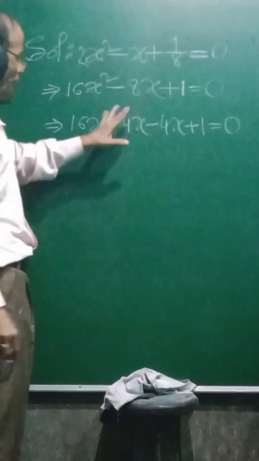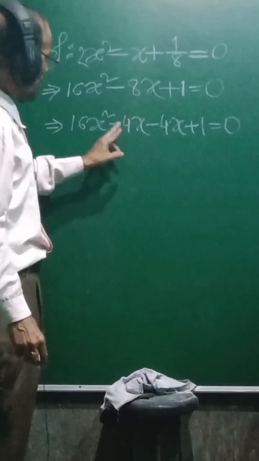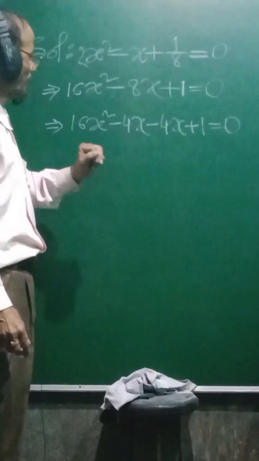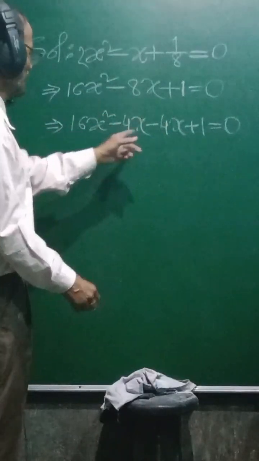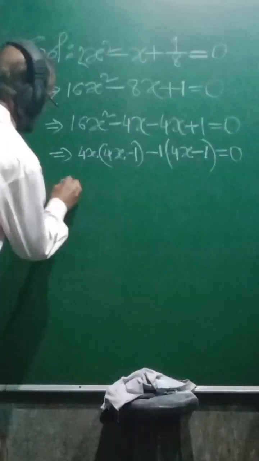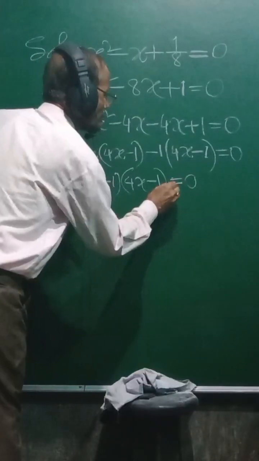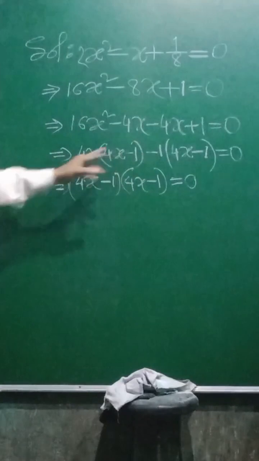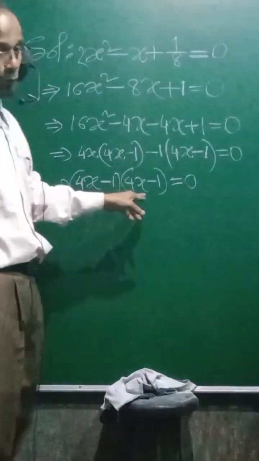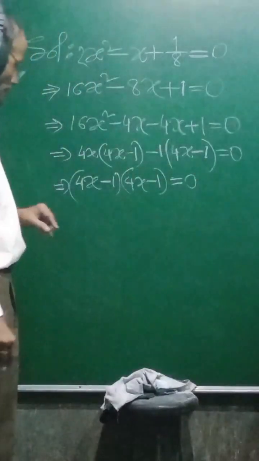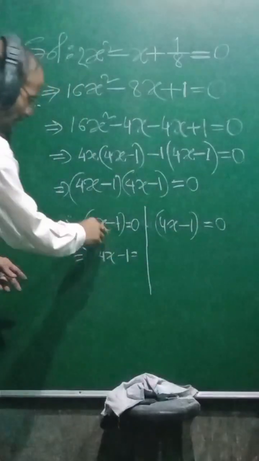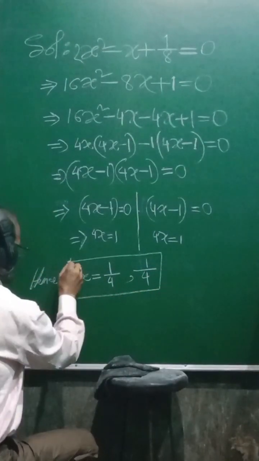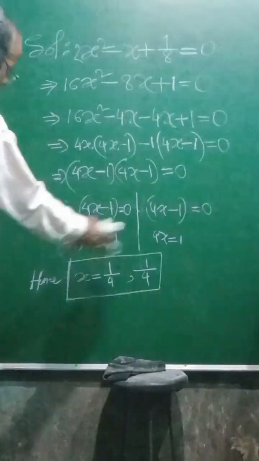See, I have split the term into minus 4x minus 4x. So that minus minus plus, it will be again this product. By simplifying and factorizing, we have got 4x minus 1 into 4x minus 1 is equal to 0. So this is the answer.